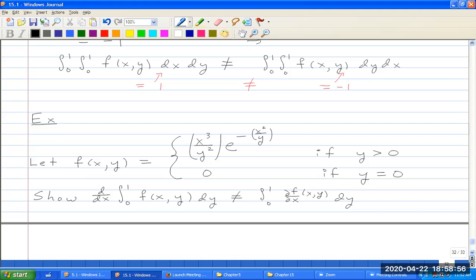Show that the derivative of the integral from 0 to 1 of f of xy dy is not the same as switching the order between integration and differentiation. This is not the same as the integral from 0 to 1 of the partial of f with respect to x dy. So show that these two things are not the same.